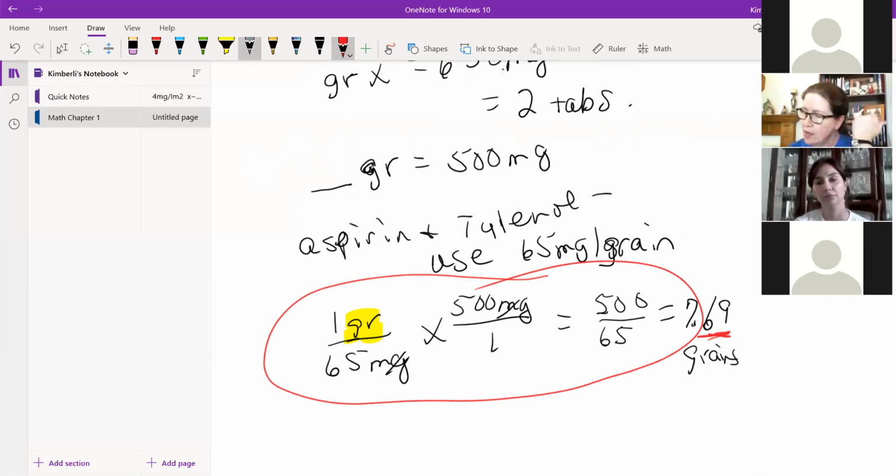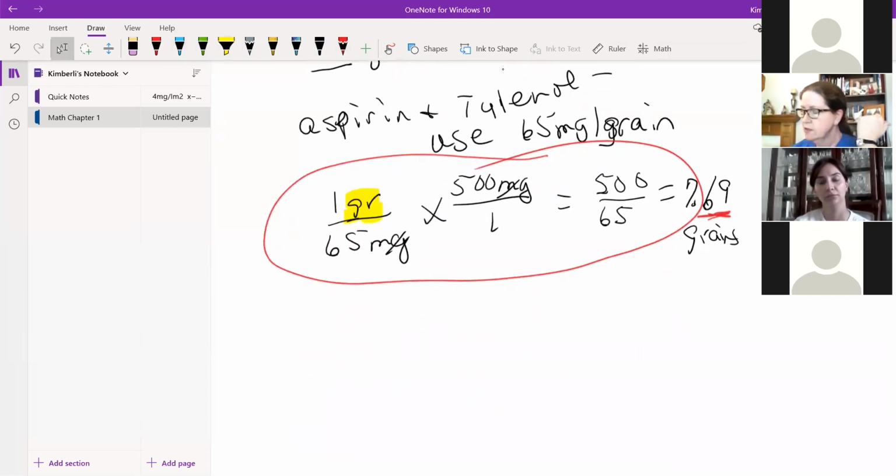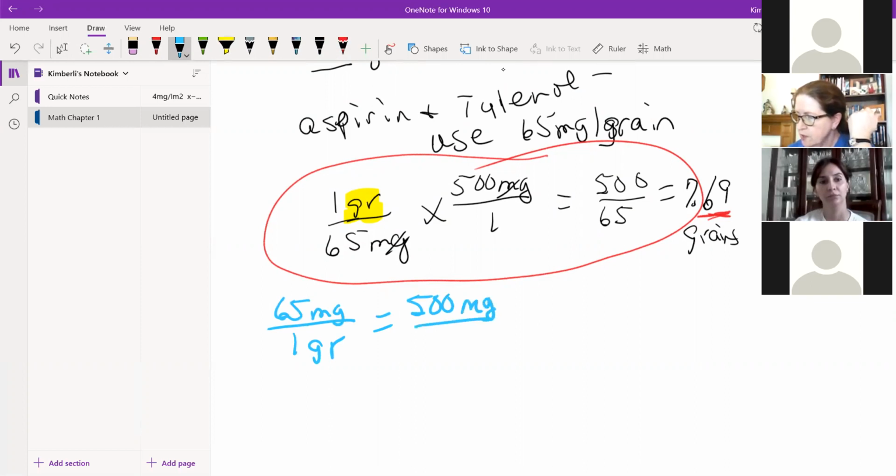this way. Now, you'll probably notice that I'm not using ratio and proportion here, okay? So if I was using ratio and proportion, I'd have 65 milligrams over 1 grain is equal to 500 milligrams over X grains, right?